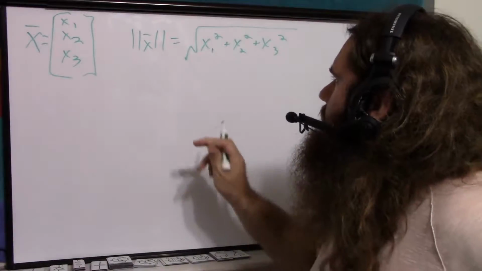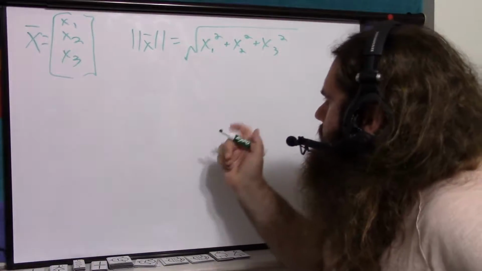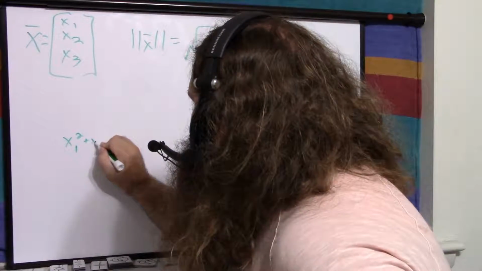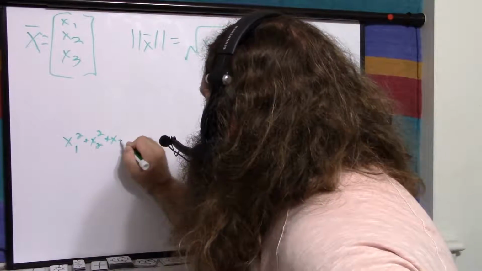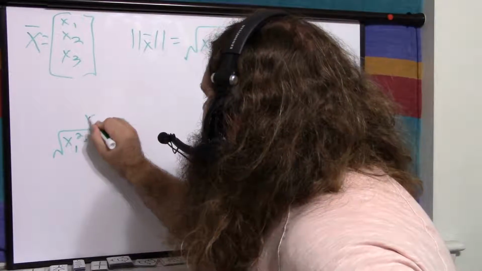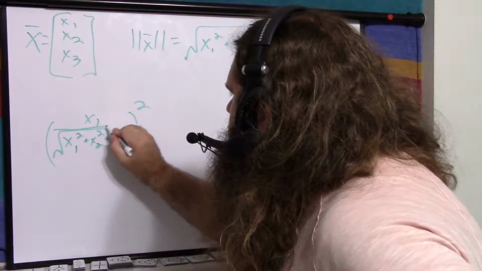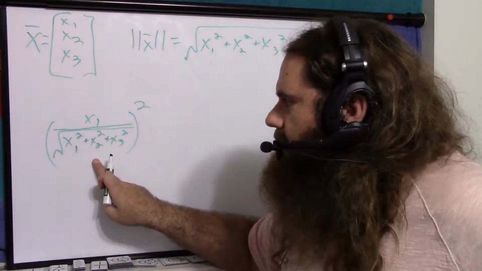So basically, let's replace the terms. This is going to be a big one: the square root of x1 squared plus x2 squared plus x3 squared, over x1, but this is squared. This is the new x1, and let's do a dividing line. This is after normalizing.